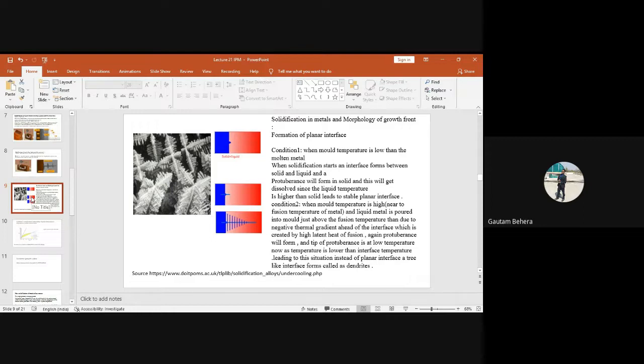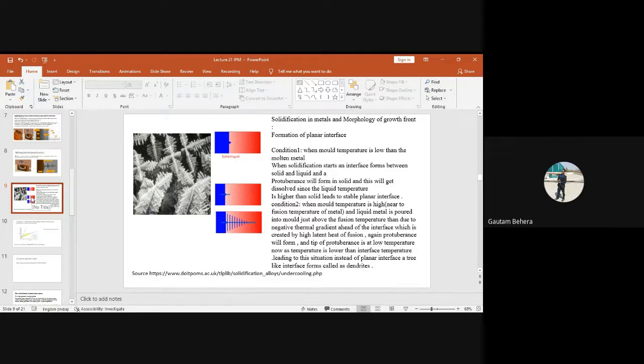Are dendrites big or small? It is growing in a particular direction. It is a big structure, right? Coarser grain again, so coarser is bad. So one limitation is that directional growth is happening. The second limitation is that these are bigger structures. And the third limitation is that solute concentration is not the same everywhere.